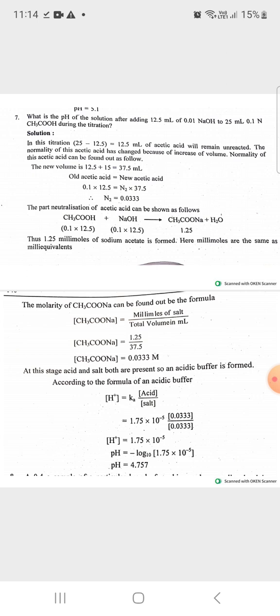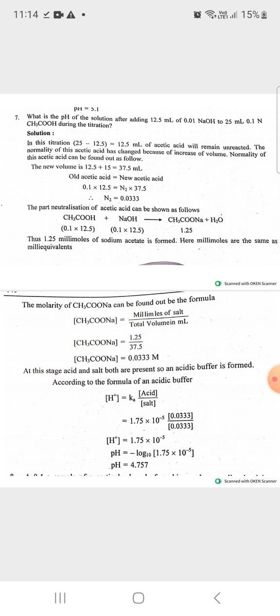By cross multiplication, unknown value on one side and all known values on the other side, we can determine N2 is equal to 0.0333.